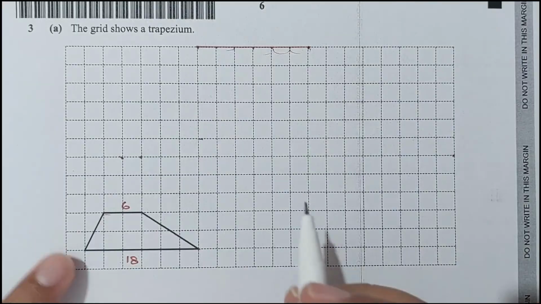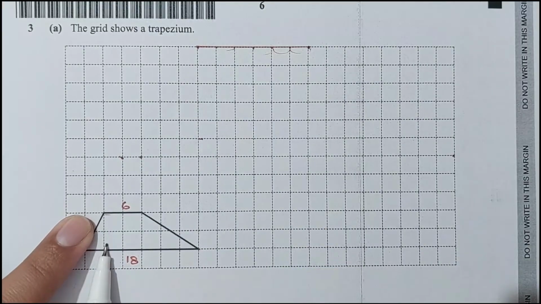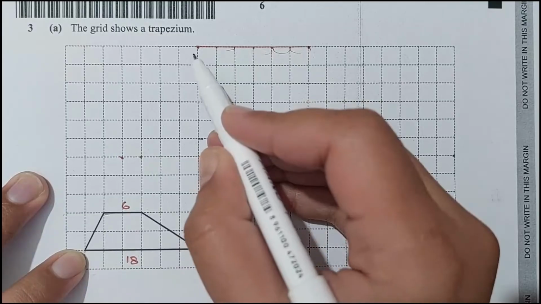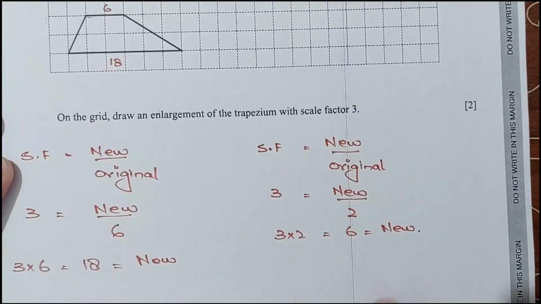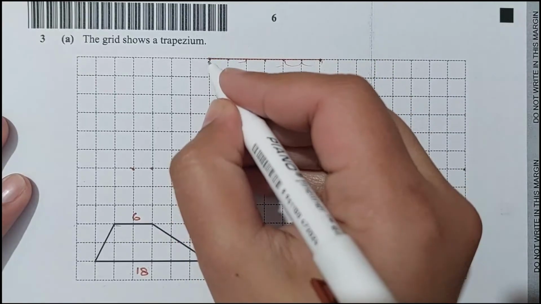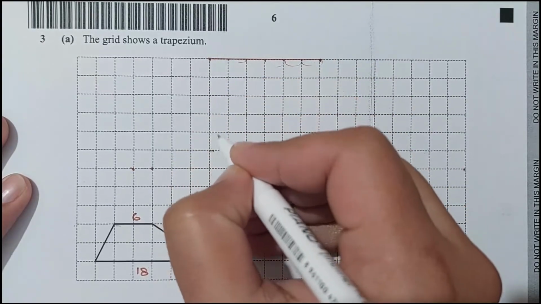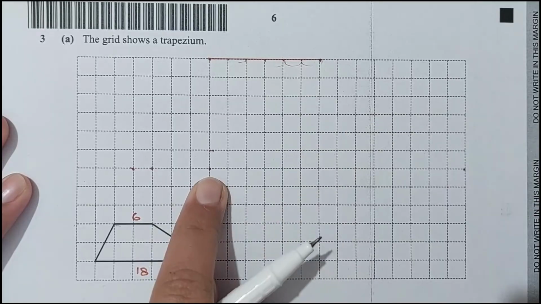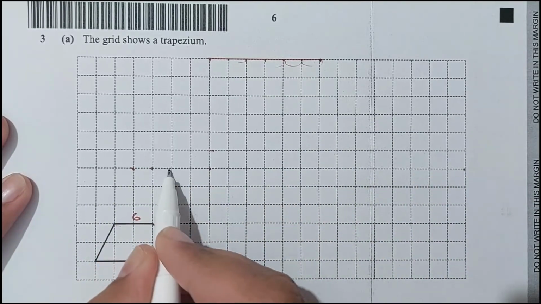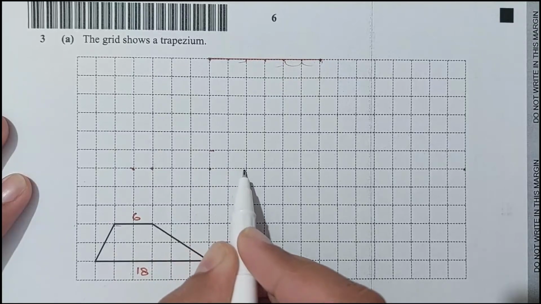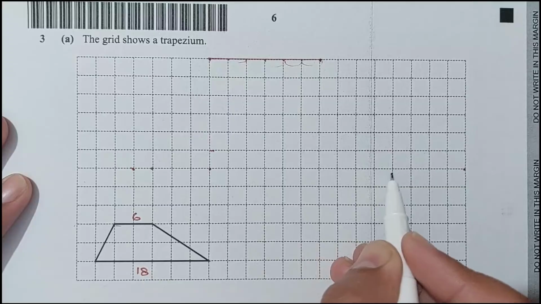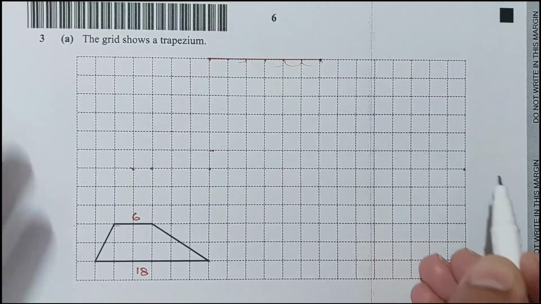And the bottom, you can see this side would be 2 units, right? So if this is 2 units, the new would obviously be 6 units, right? So 1, 2, 3, 4, 5 and 6 units over here, but we have to measure this length, which should be 18. So 1, 2, 3, and so on up to 18.